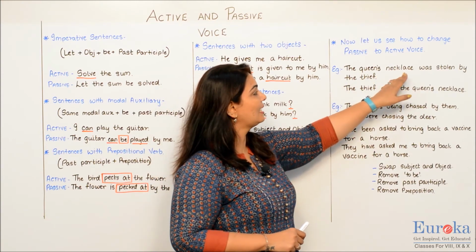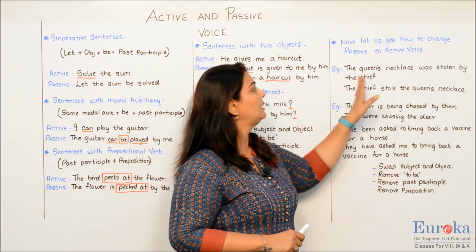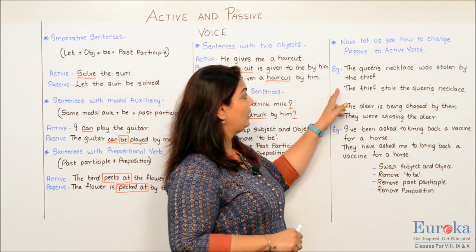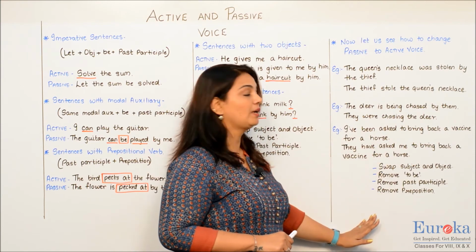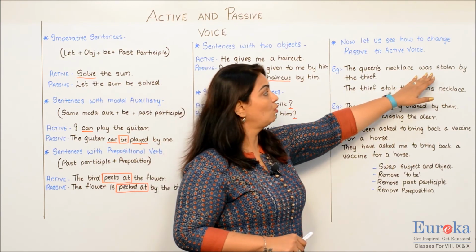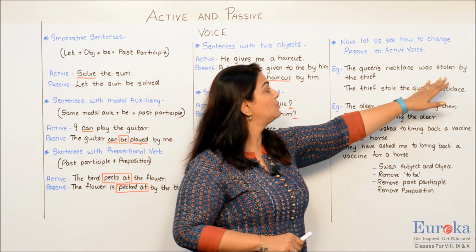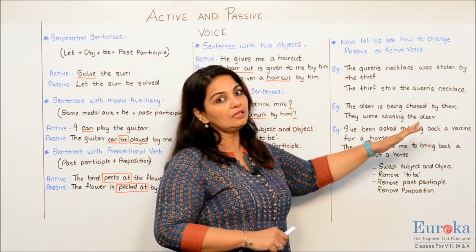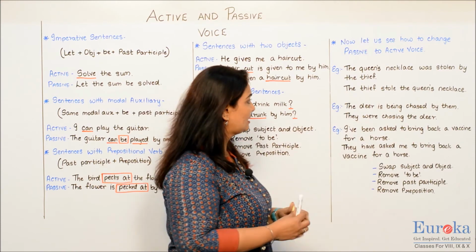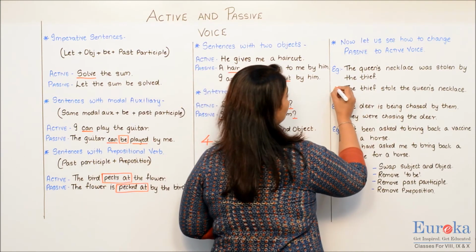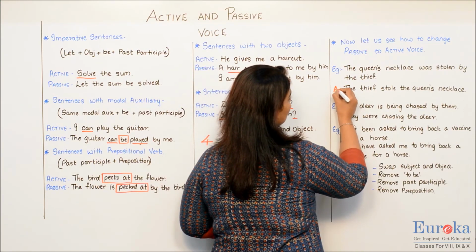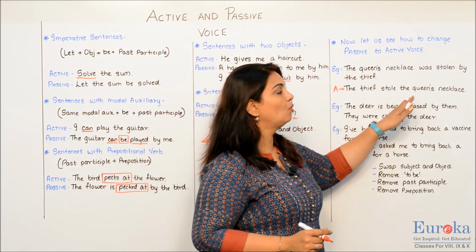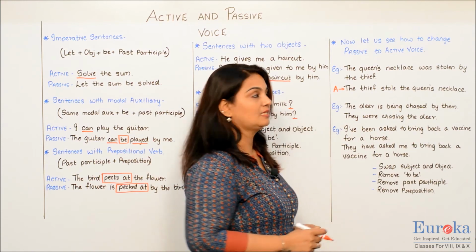The queen's necklace was stolen by the thief. This is a passive voice because we have all the needed points over here. Stolen, past participle, preposition by, and we have already swapped the object and the subject. So the active voice over here will be the thief stole the queen's necklace.